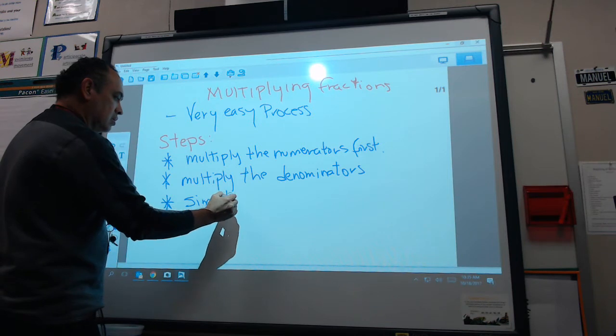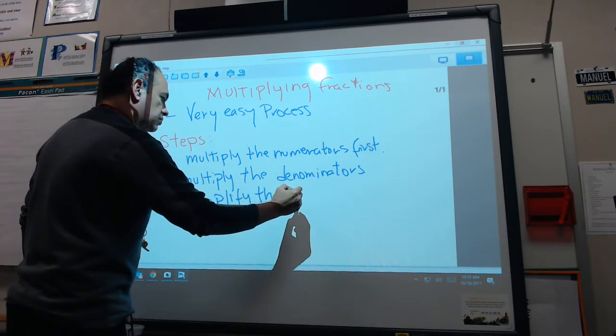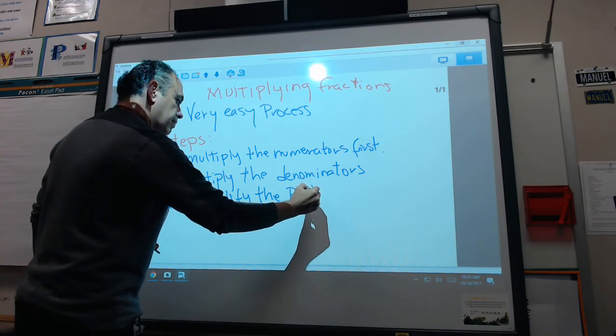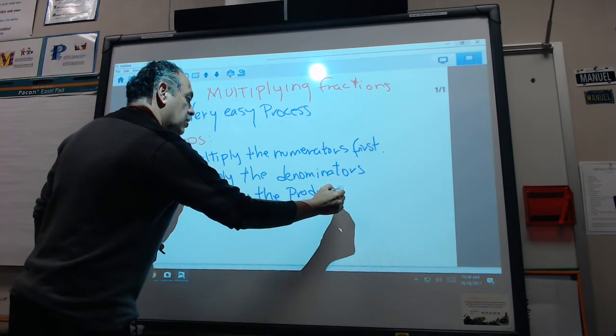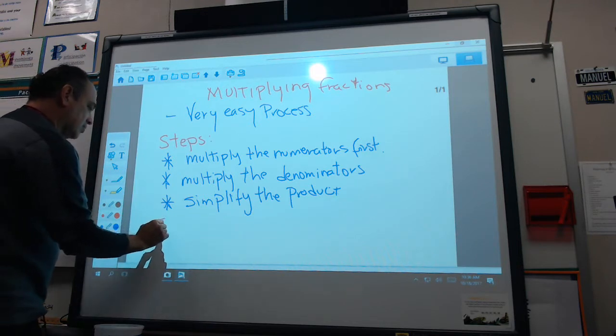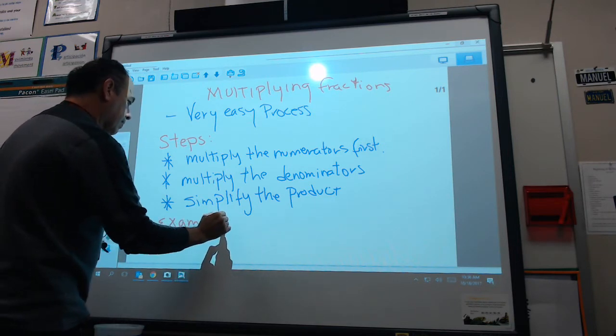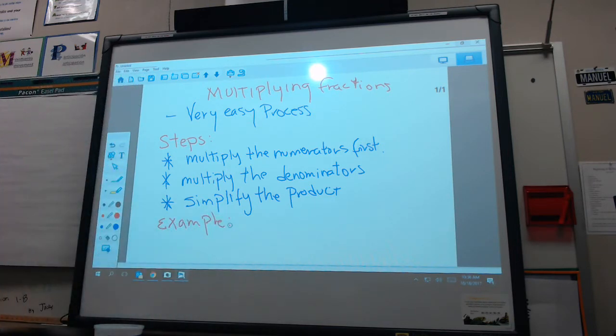The product. Good. So we're going to simplify the product, and we're done. That's all, three steps. You multiply the numerators first, multiply the denominators, and then you simplify. That's extremely easy.